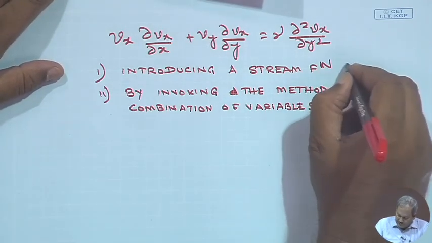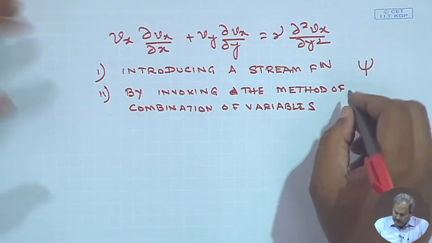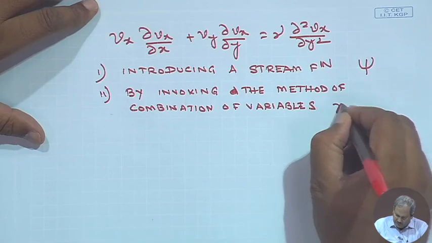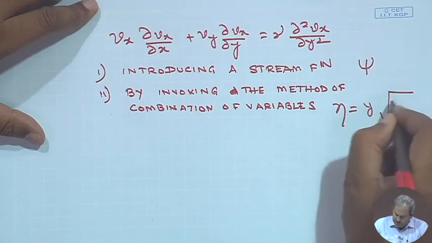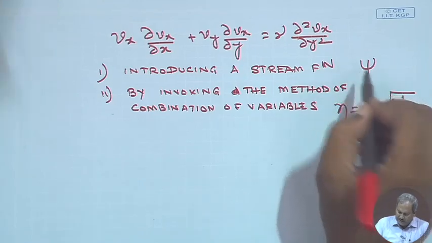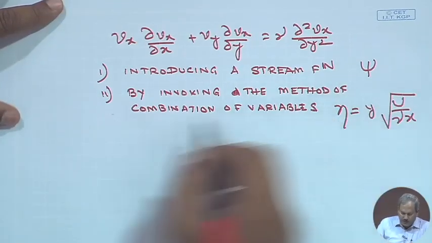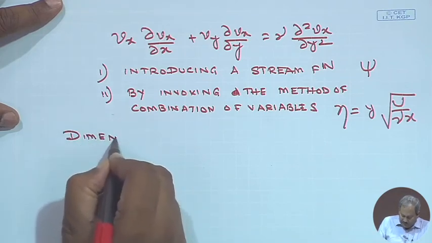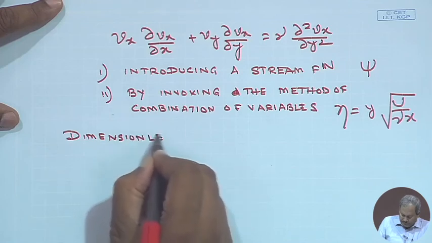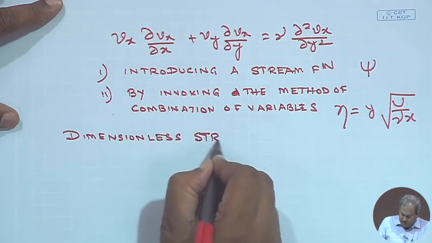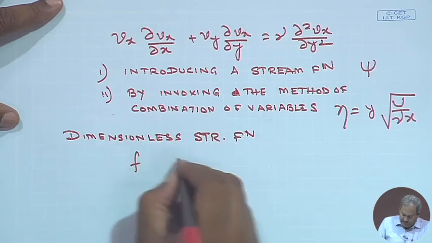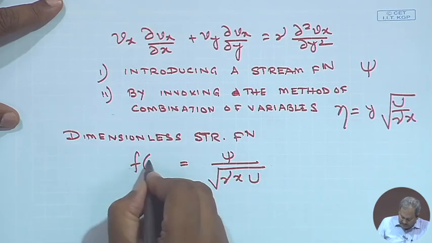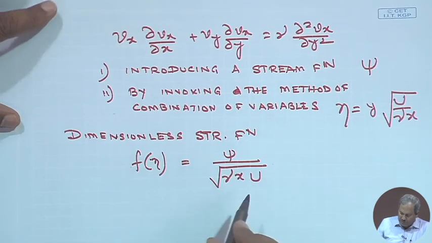The stream function that we have defined is psi, and the combination variable that we have defined is eta equals y root over u by nu x. Since I am going to make everything dimensionless, I am defining a dimensionless stream function, f equals psi by root over nu x u. This dimensionless stream function is a function only of eta.